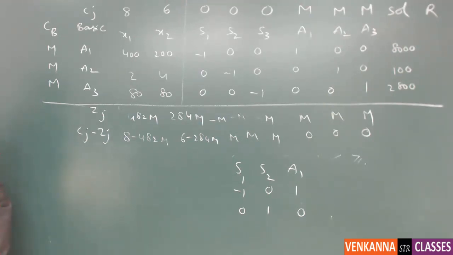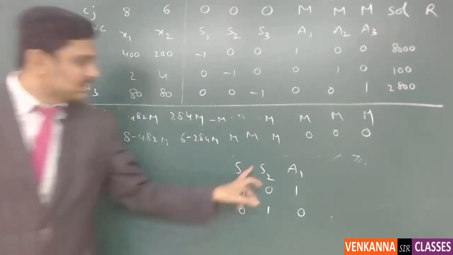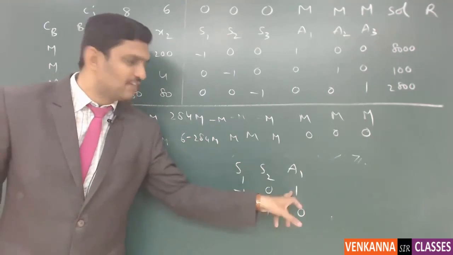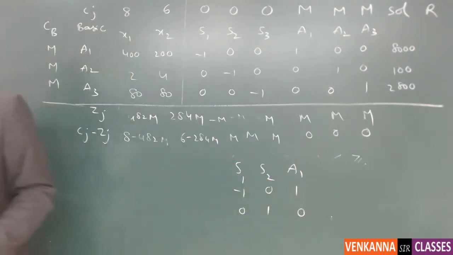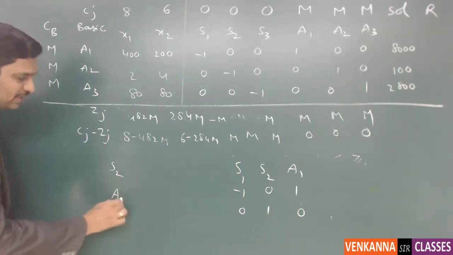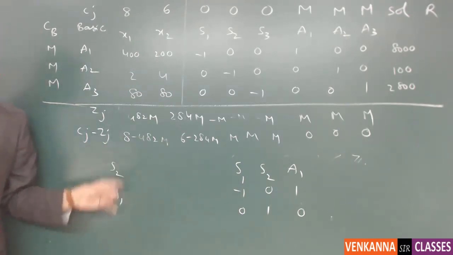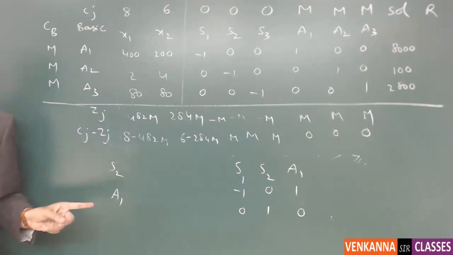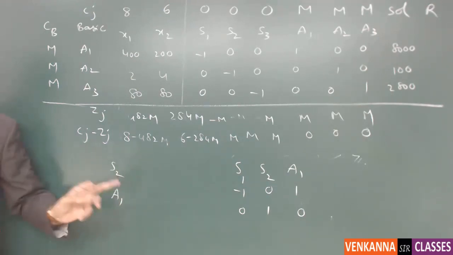Please say. Exactly. Because S2 has coefficient 1 and A1 has coefficient 1, in the iteration column you will get S2 and A1. S1 will not be there in the iteration procedure. I think this will clarify the doubt.